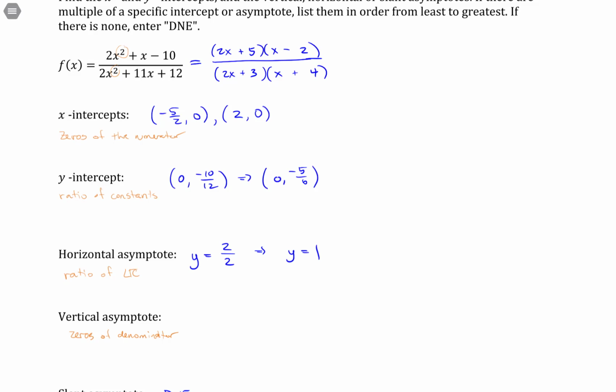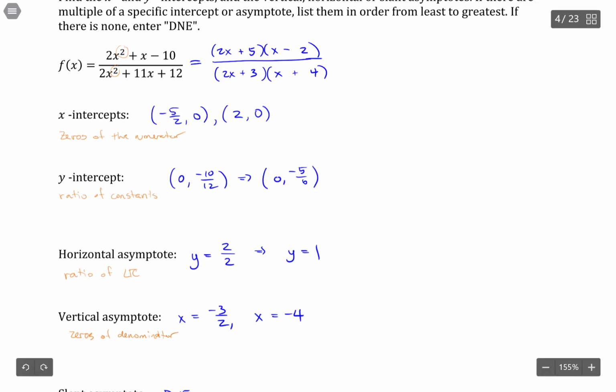But also, these are vertical lines, so we don't write them as points. If I take 2x plus 3 and set it to 0, I get x equals negative 3 halves. If I take x plus 4 and set it to 0 and solve, I would get x equals negative 4.